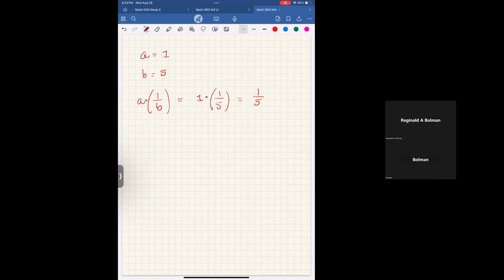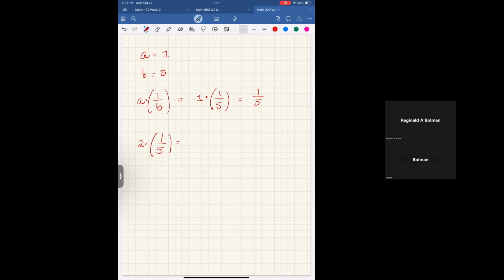If I now pick a somewhat larger number for a, like 2, we might be able to establish some sort of pattern that emerges with the numbers. I'm going to leave my b as 5. So we'll have 1/5 multiplied with 2, and we'll see what happens.